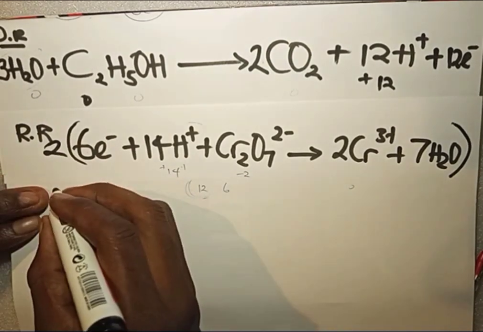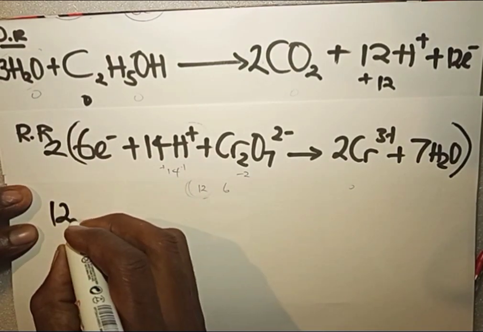So if we multiply, we are going to have 12 electrons.